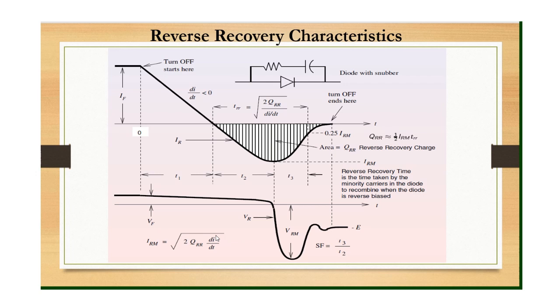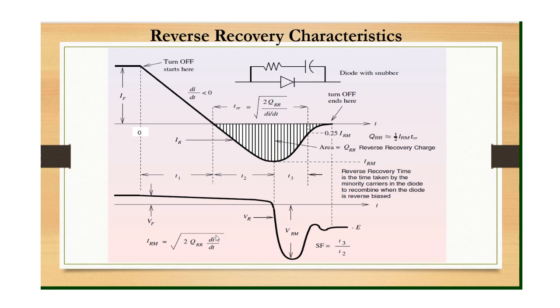These minority carriers require certain time to recombine with opposite charges and to be neutralized. Because of that, there is some time consumed. This time we call the reverse recovery time. Reverse recovery time, as you can see from the figure, is the time taken by the minority carriers in the diode to recombine when the diode is reverse biased.